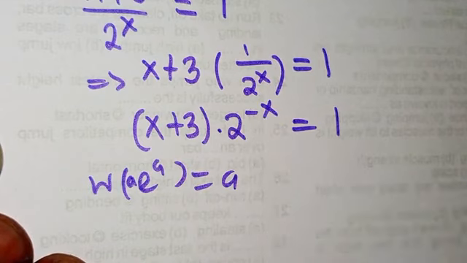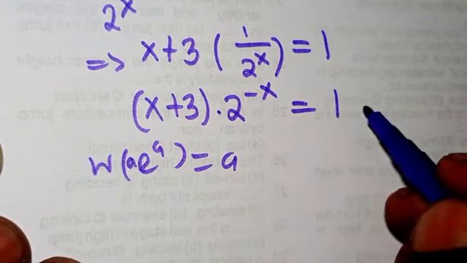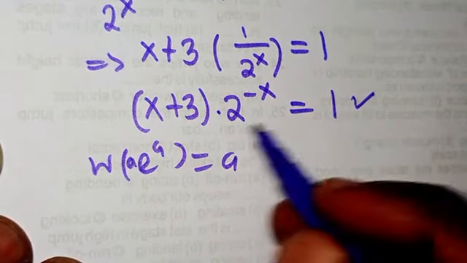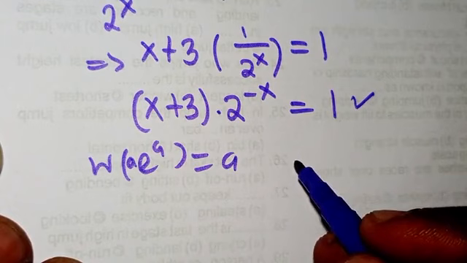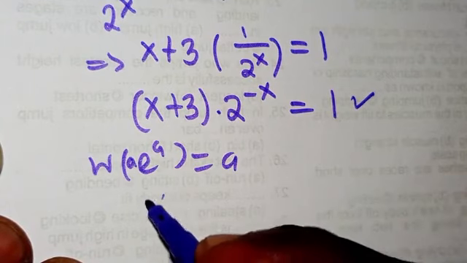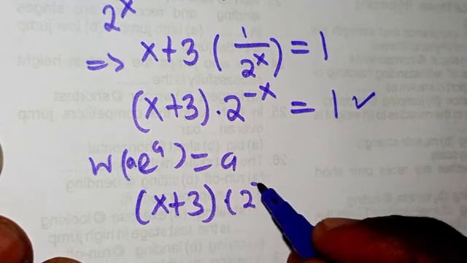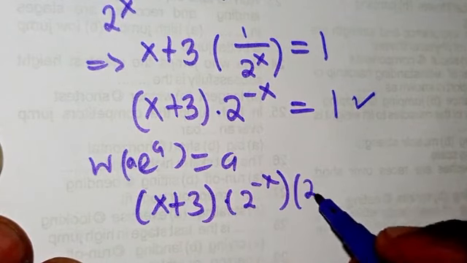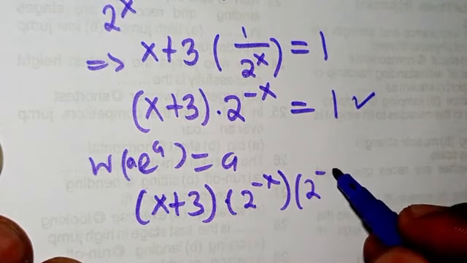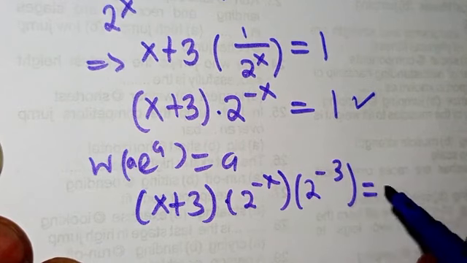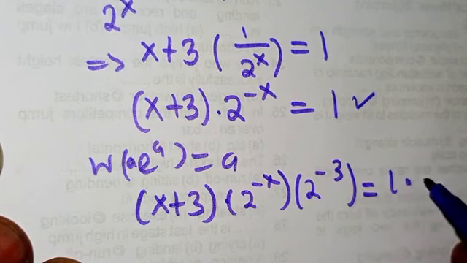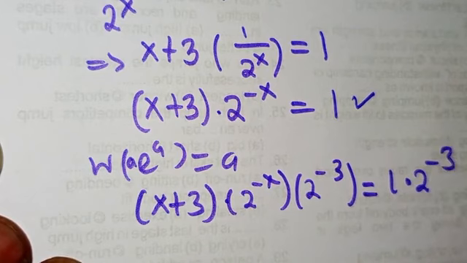So first, I can multiply both sides of the equation by 2 to the power minus 3: x plus 3 multiplied by 2 to the power minus x, times 2 to the power minus 3, equals 1 times 2 to the power minus 3.